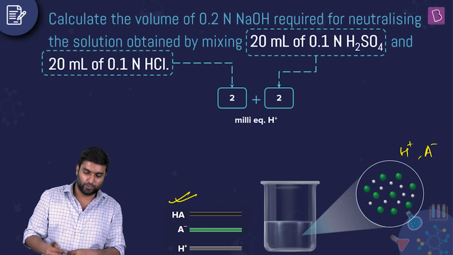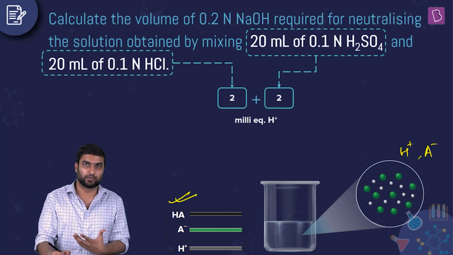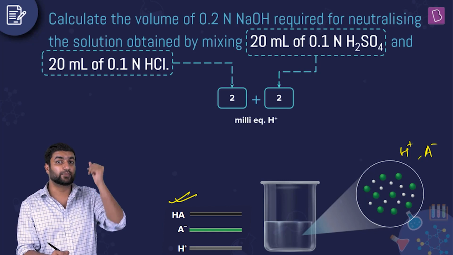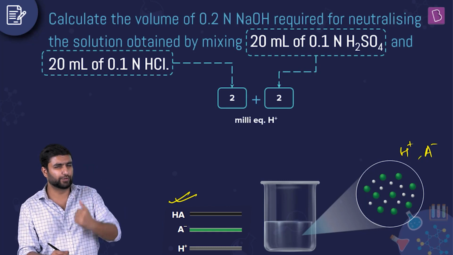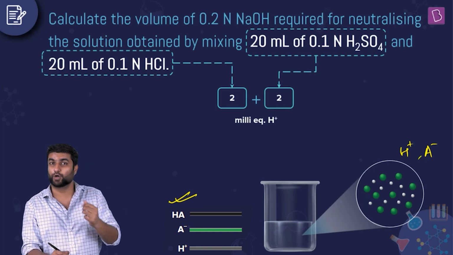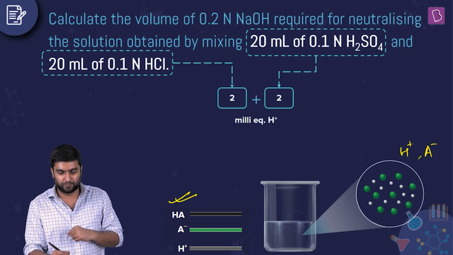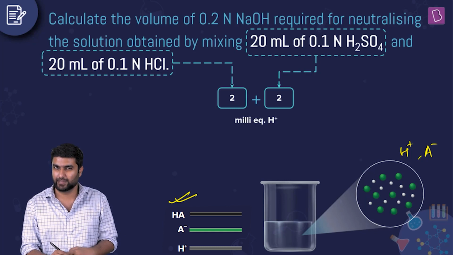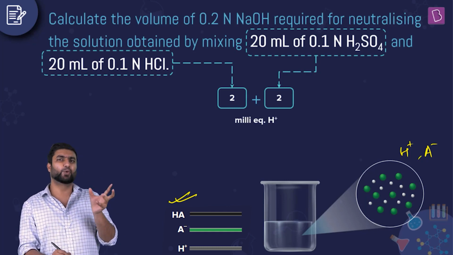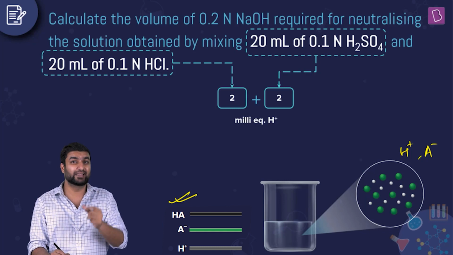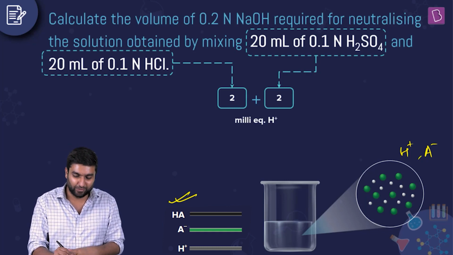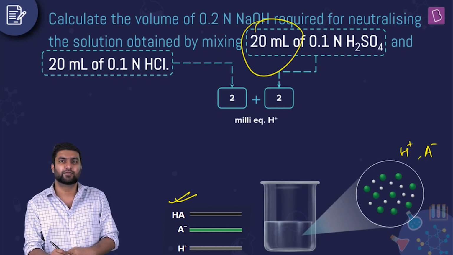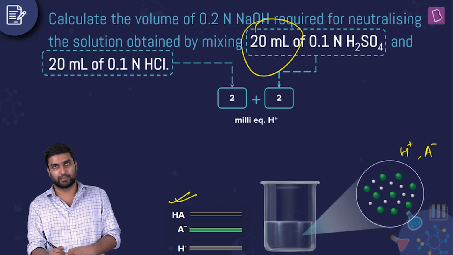Also, from our understanding of normality and equivalence in the mole concept, first chapter, if you remember, Nitika ma'am would have taught that, it's better to deal with equivalents. And since I don't want to deal with ugly numbers, I'm not converting this ml into liters. For that reason, we are now dealing with milliequivalents.